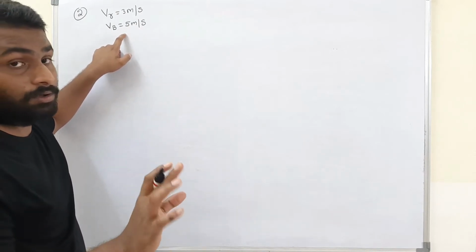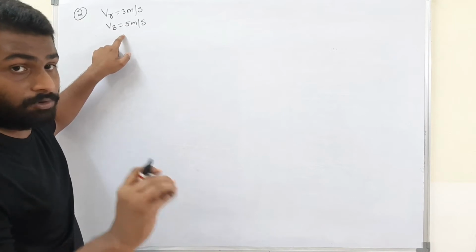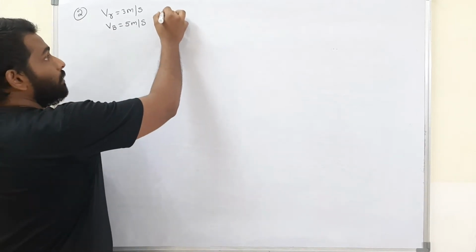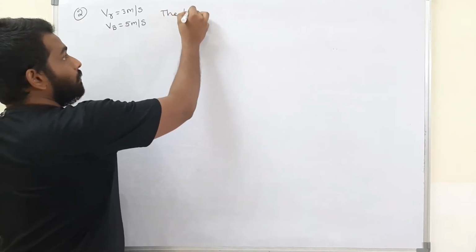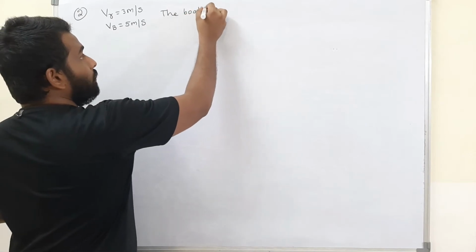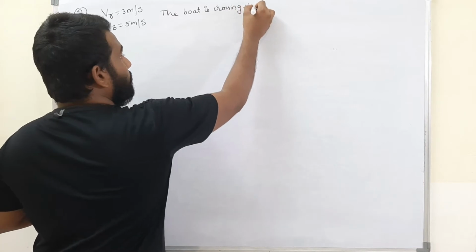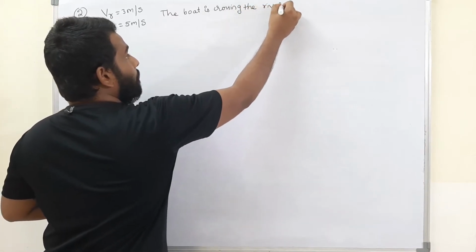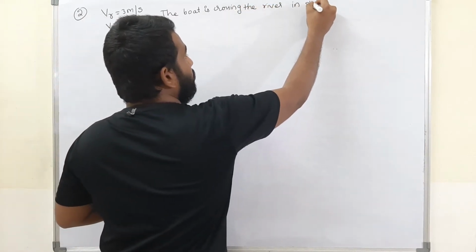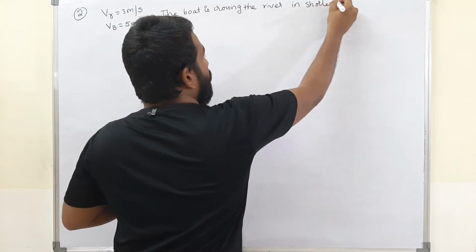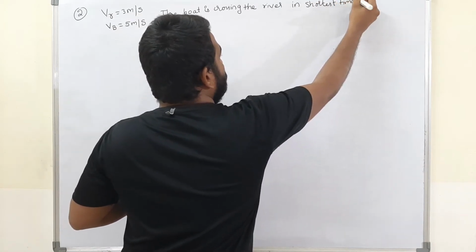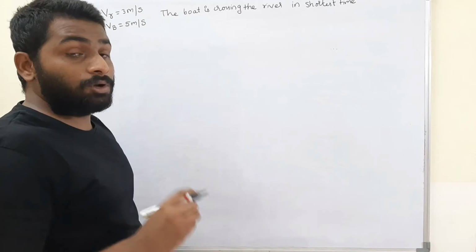It is not the velocity of boat with respect to river, it is the velocity of boat only. Now, the boat is crossing the river in shortest time.